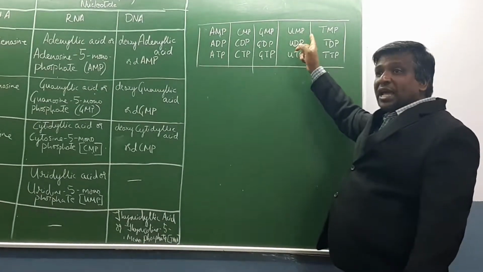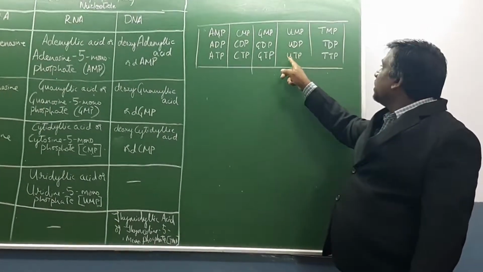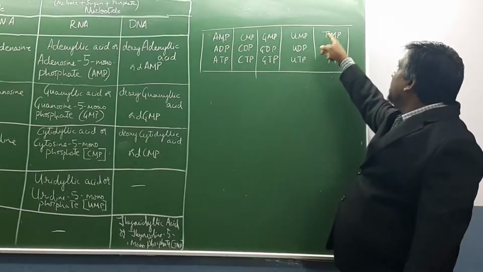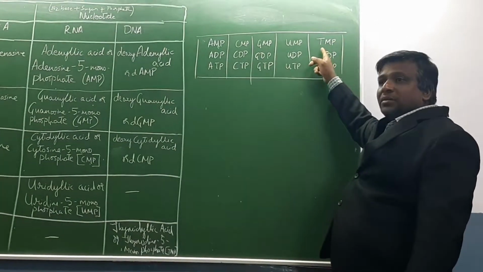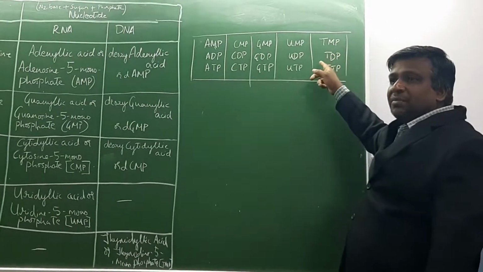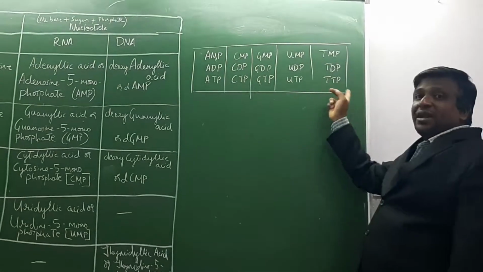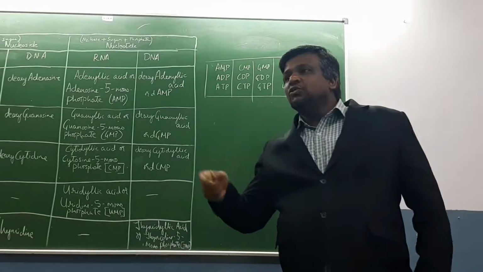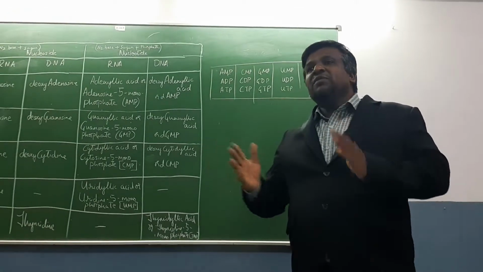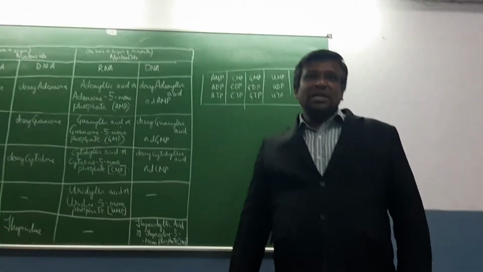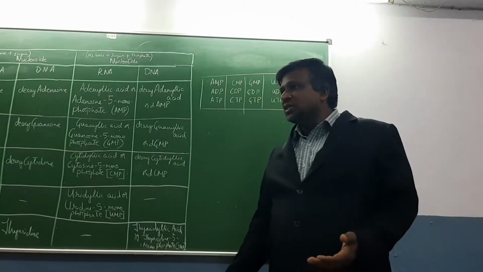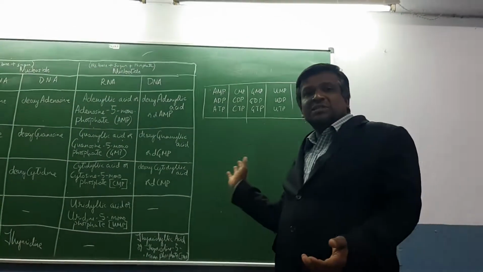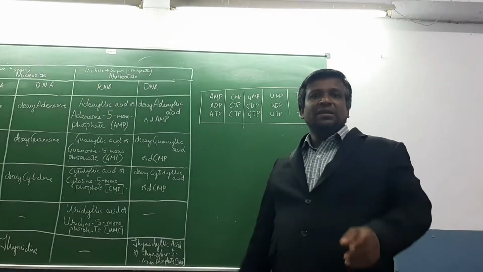UMP, uridine monophosphate, diphosphate, triphosphate. Similarly TMP, thymidine monophosphate, diphosphate, triphosphate. You should be able to decipher these acronyms whenever we talk in terms of molecular biology, plant physiology or animal physiology. That is fine.